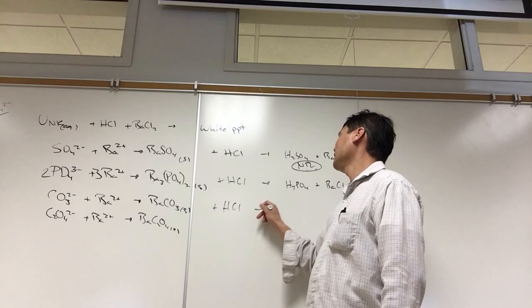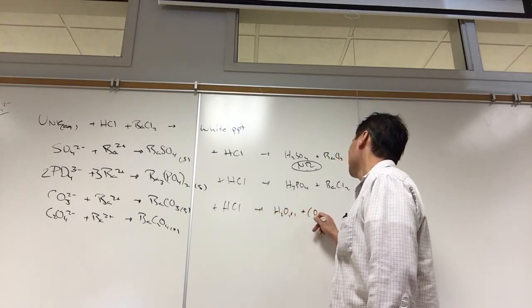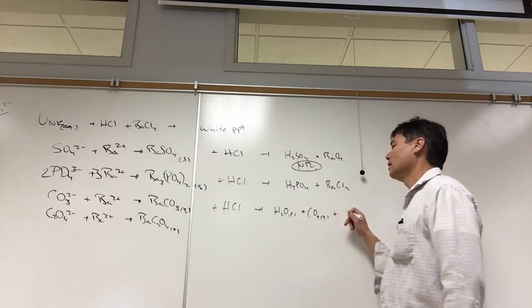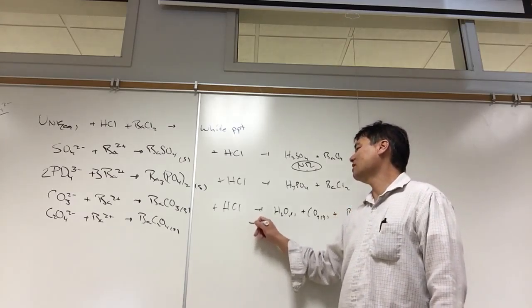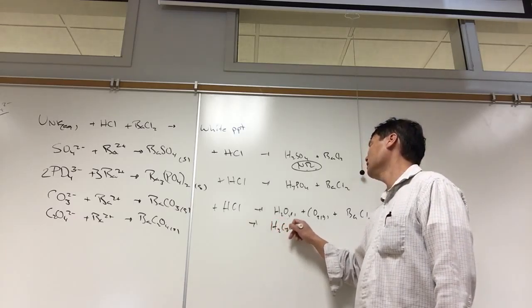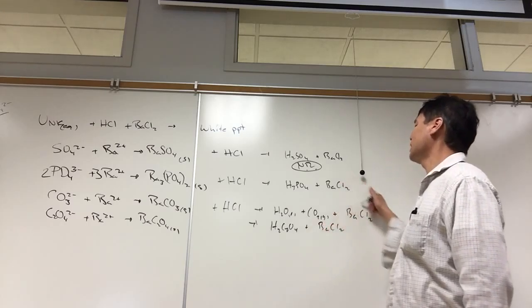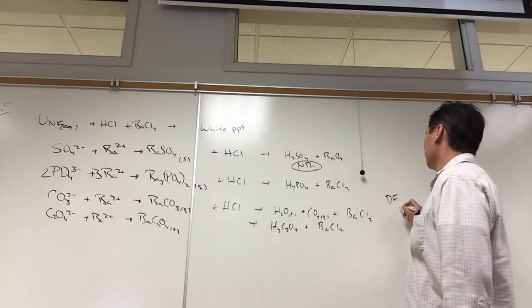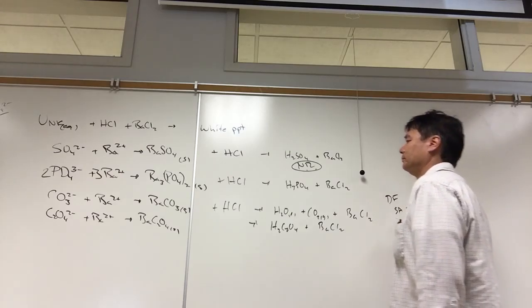We know with carbonates, we're going to form H2O, liquid, plus CO2 gas, plus barium chloride. With oxalate, what would we form? We'd form oxalic acid plus barium chloride. And so these have driving force. Stronger acid to weaker acid.